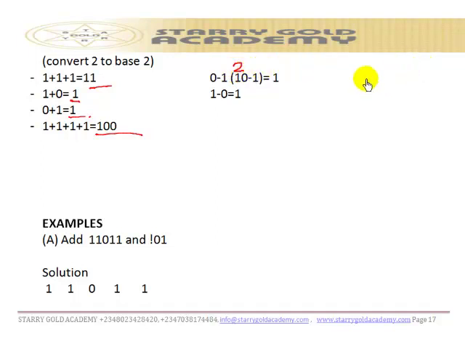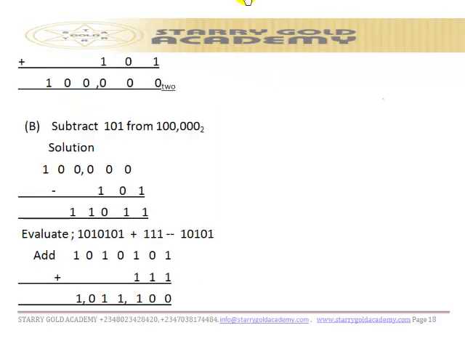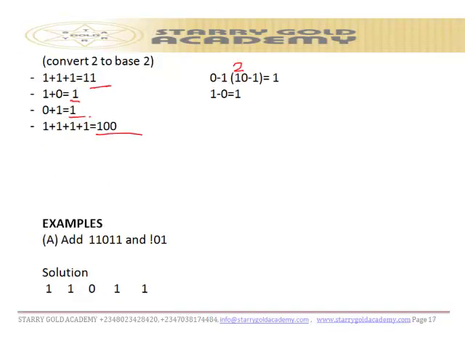Understand? So now let's do some additions. Let's rock these binary numbers. First question on addition. We have to add 11011 and 101.